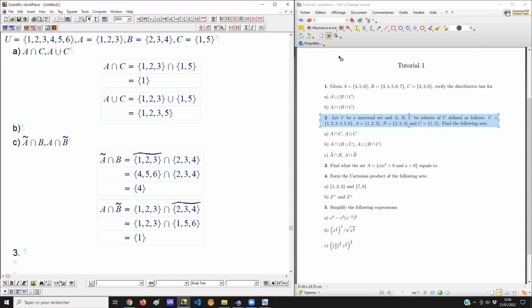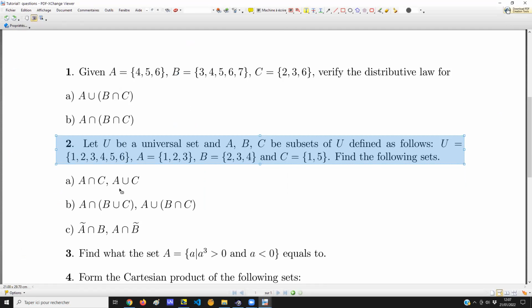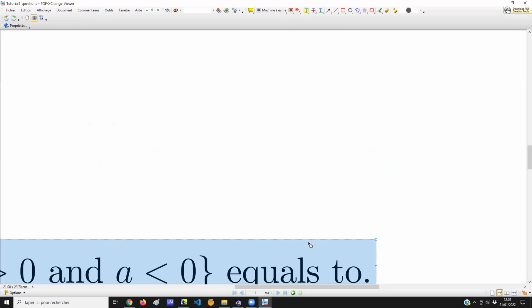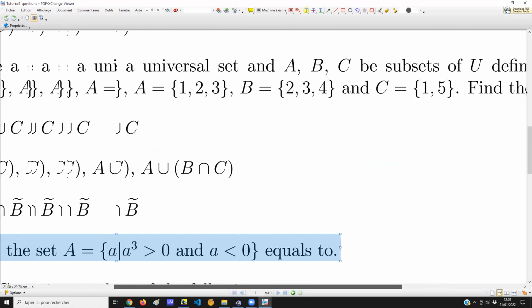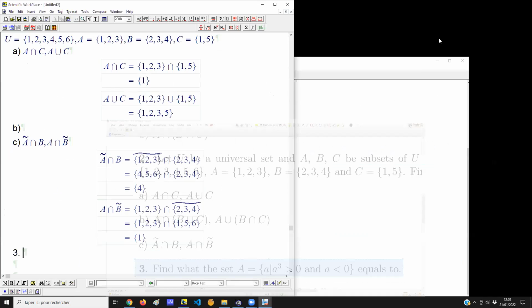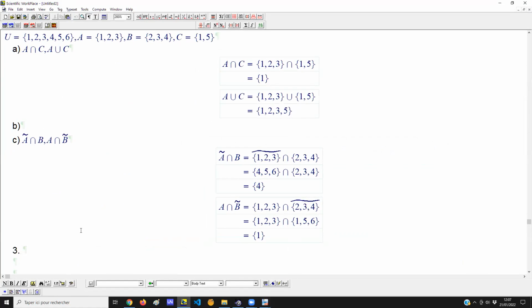So I'm just going to copy this again. Yeah, I think the best thing may be to have this full screen, that's better.